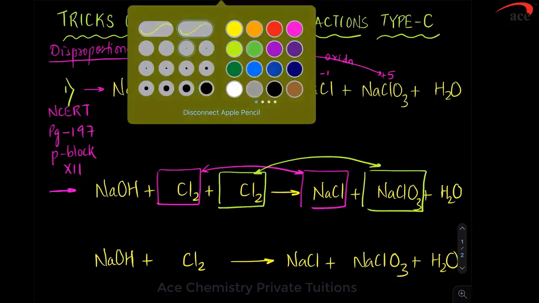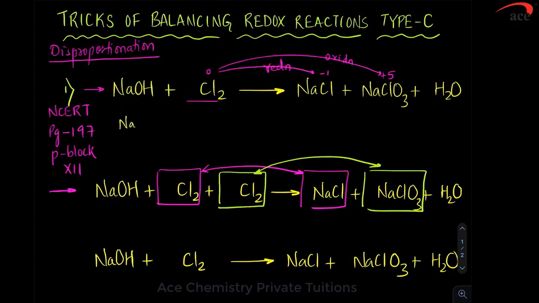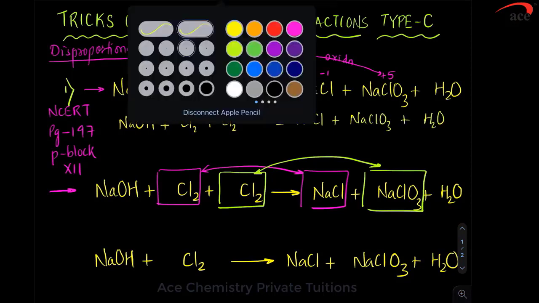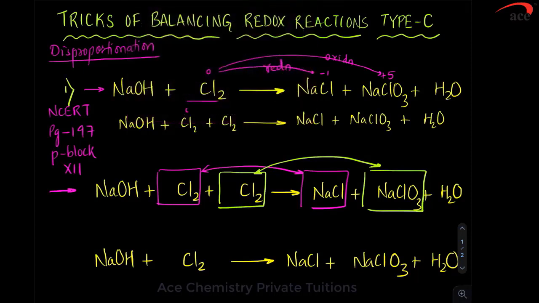Now, what next? We write down the reaction one more time. NaOH plus chlorine gives you NaCl plus NaClO3 plus H2O. What we do next?